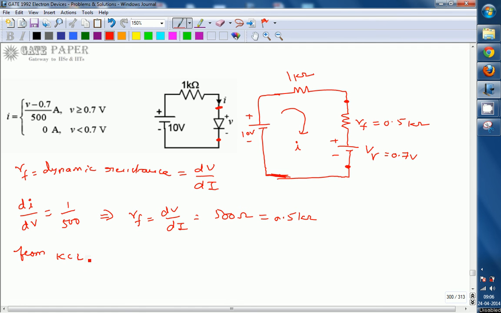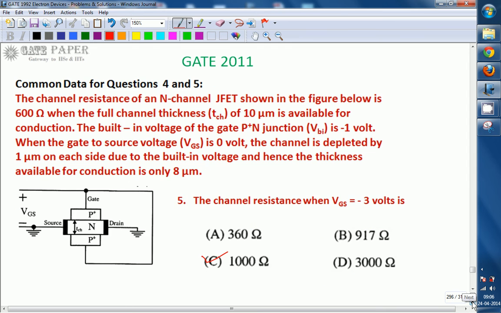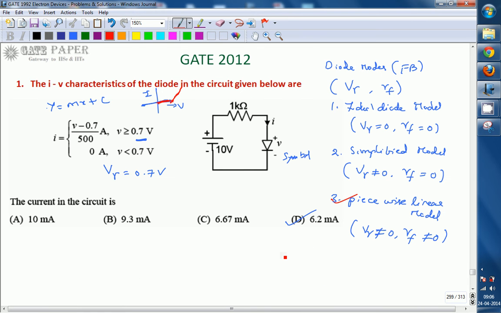From KVL around this loop, (10 minus 0.7) divided by 1.5 kilo ohm is equal to I. So I is 9.3 divided by 1.5 K, which is around 6.2 milliamperes. So the right answer for this question is D. Thank you.